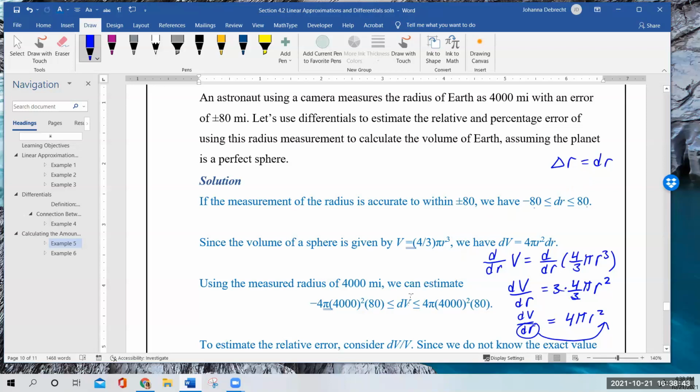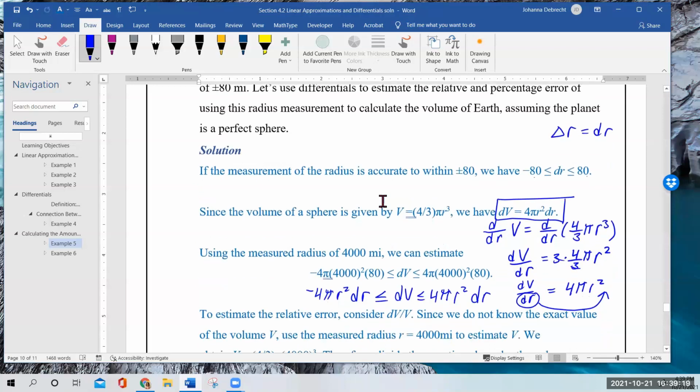Now we can take the change in the volume, which is dv, and we can express the change in that using the formula on the other side, which is 4 pi r squared dr. That's this equation here now in the box. This is going to be on the left between -4 pi r squared dr less than or equal to dv less than or equal to 4 pi r squared dr.